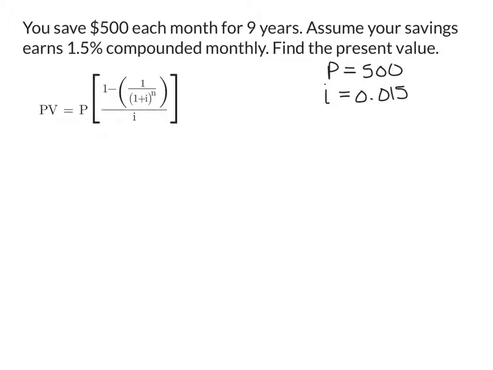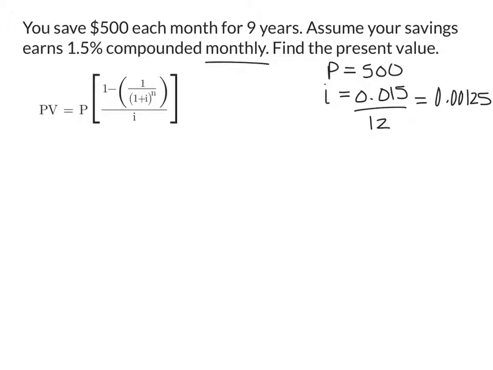And we want to take that decimal and divide it by the number of times the deposit is compounded a year, which is monthly, so we'll divide by 12. 0.015 divided by 12 is 0.00125.